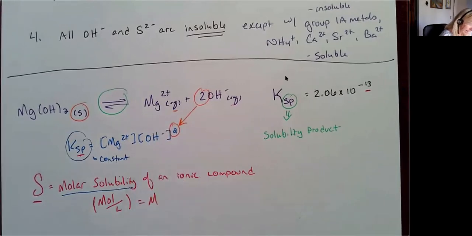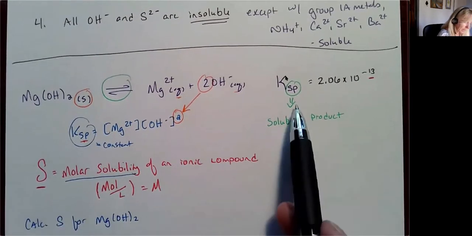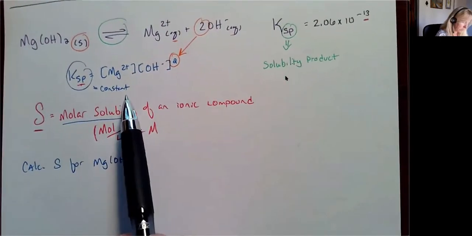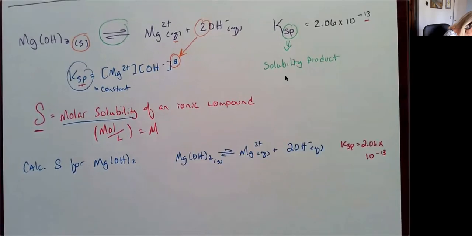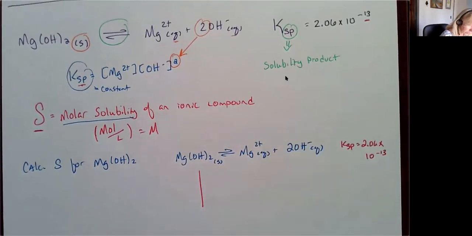So let's say I want to calculate S for magnesium hydroxide. What I know is I have my KSP for magnesium hydroxide. I also have my law of mass action, so I'm going to set this up like an ICE table. I'm not going to worry about my initial concentrations here because this is a solid. It's not in my law of mass action, so I don't really care what's happening over here.